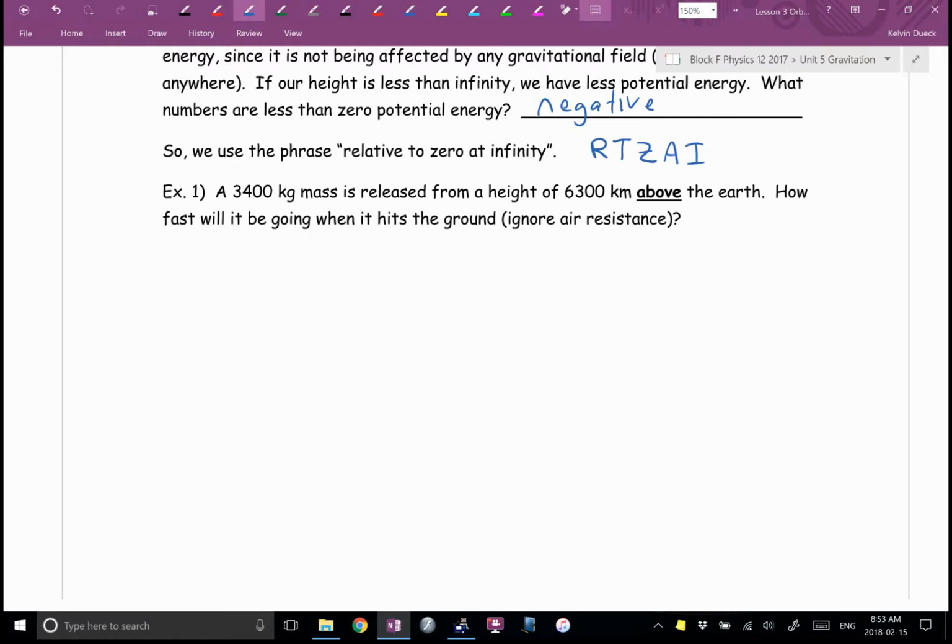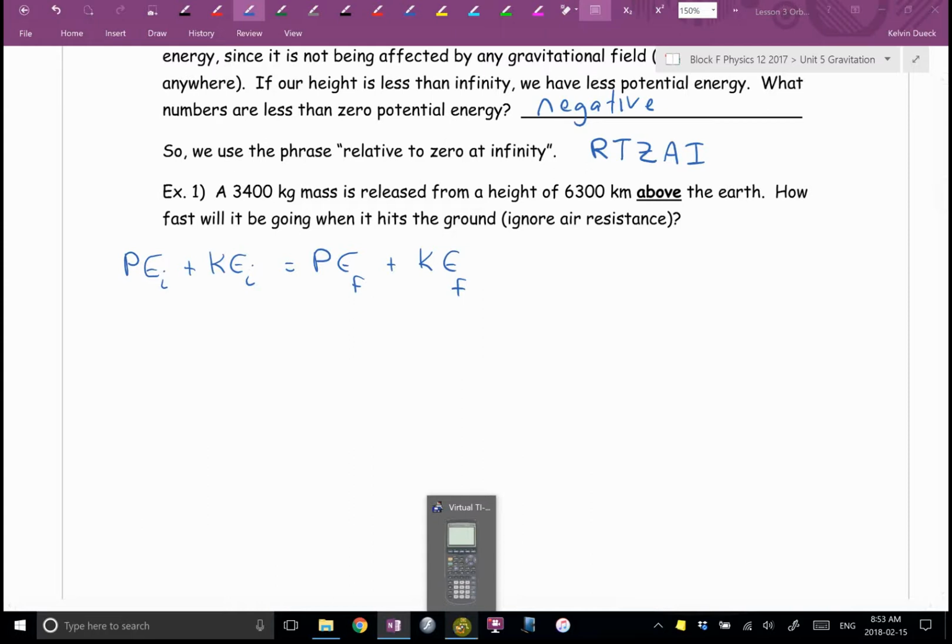We're going to start the same way we did in our work and energy unit: PE initial plus KE initial equals PE final plus KE final. I should have done something else first, though. 6,300 kilometers, nice try.